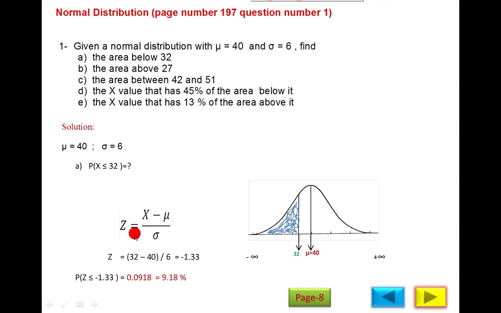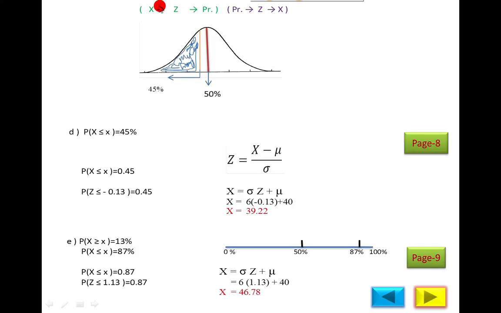So using the same transformation, we will find the value of x in the opposite direction. Opposite direction means: in parts A, B and C, first we transform x into z and then with the help of z we find the probability.